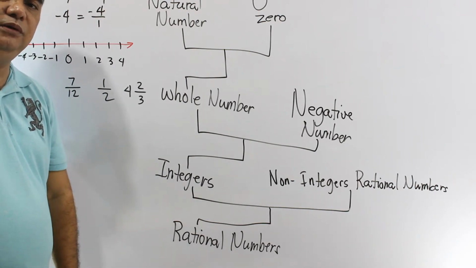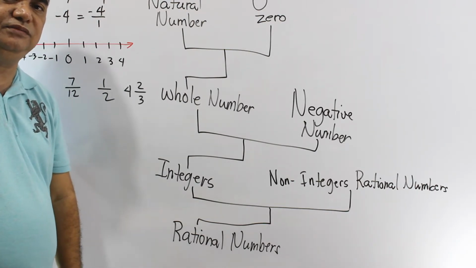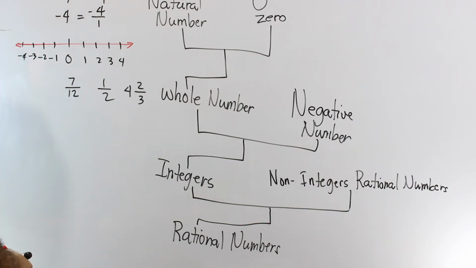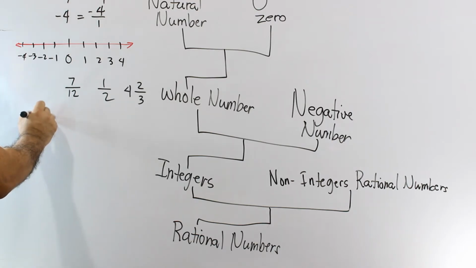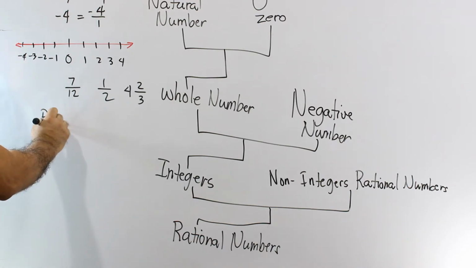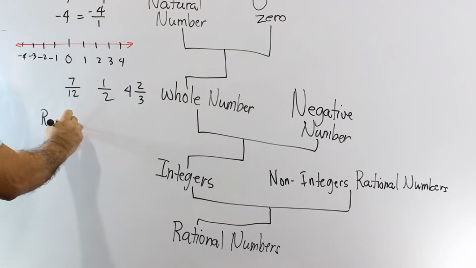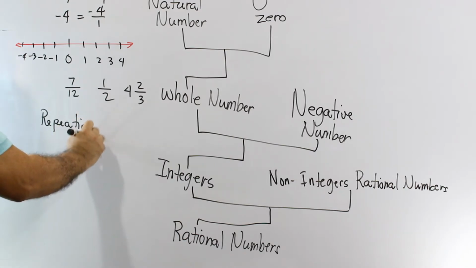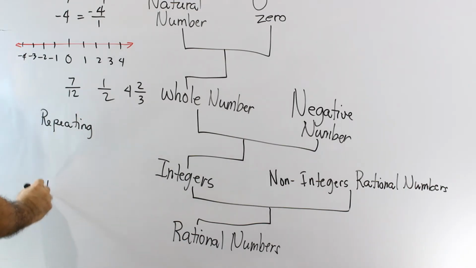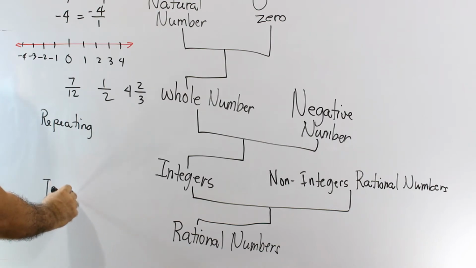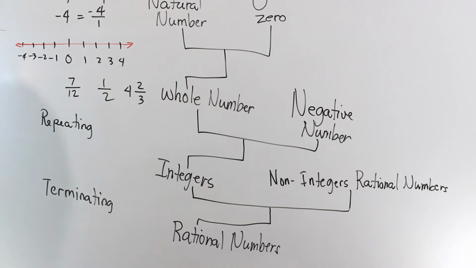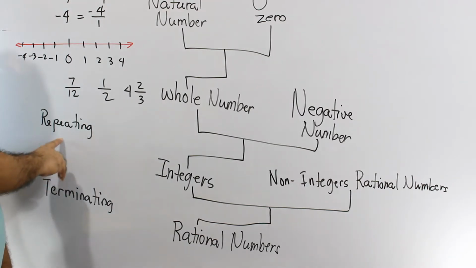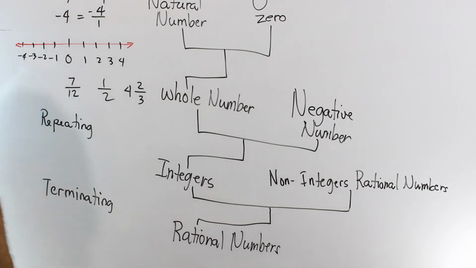But how are we going to determine if a number is rational? Very simple. It should follow the decimal value, either repeating or terminating. What exactly do we mean by decimals that are repeating?